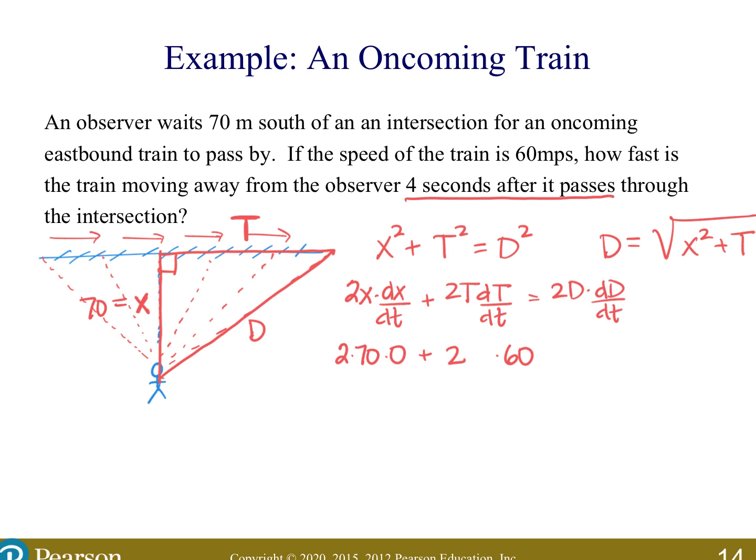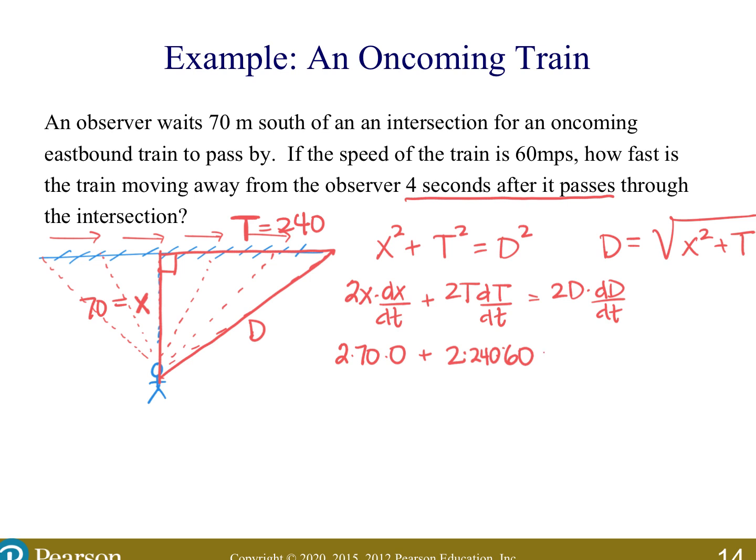Okay, and the speed of the train is 60 meters per second, and I have 4 seconds that have gone by. So every second, the train is going 60. So our total is 240. Okay, so I've got 2 times 240. That's all right. You were doing division by 4 instead of multiplying by 4. So that's 4 seconds at a speed of 60 meters per second. Simple multiplication. 4 times 60 is 240.